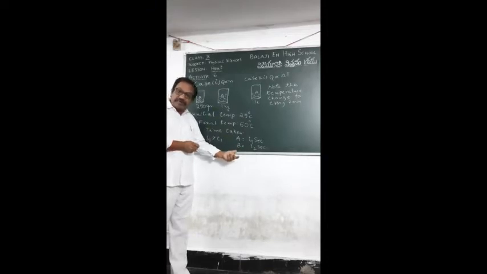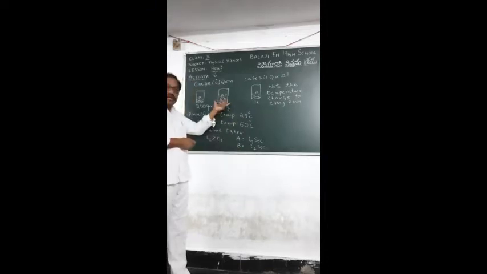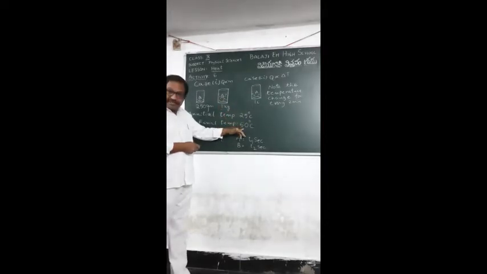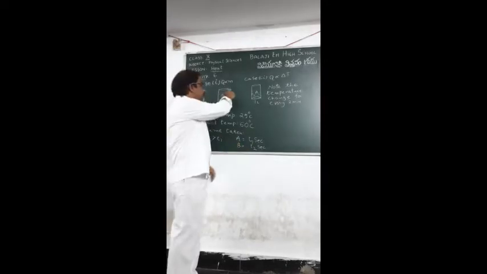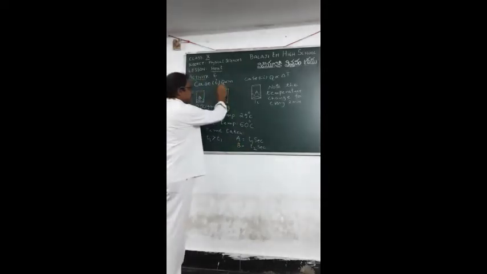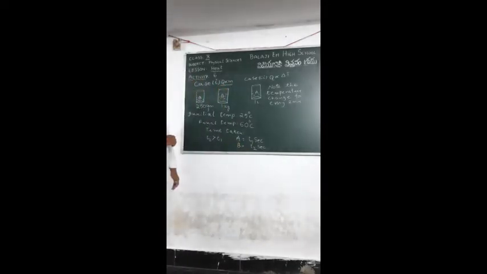So T2 has more time. B will take more heat to reach a temperature of 60 degrees centigrade, and A will take less time to reach 60 degrees centigrade. So here we can easily say Q is proportional to the mass.